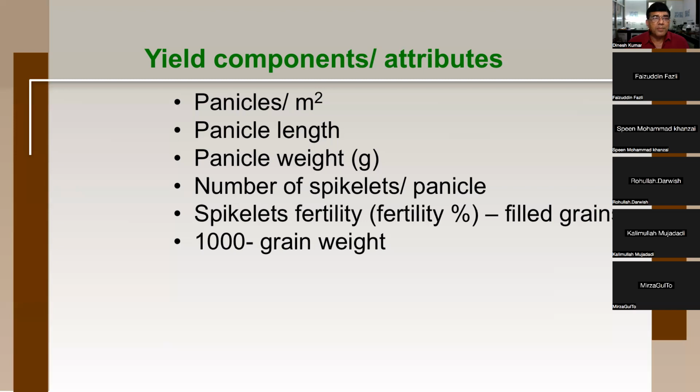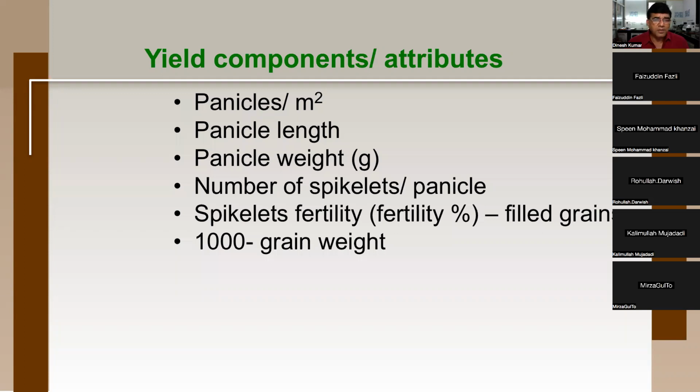Those spikelets will be unfilled. So here suppose there are total 120 spikelets, out of which 20 spikelets are unfilled and 100 spikelets are filled. So what will be the fertility percentage? It will be 100 into 100 divided by 120. What is the answer?